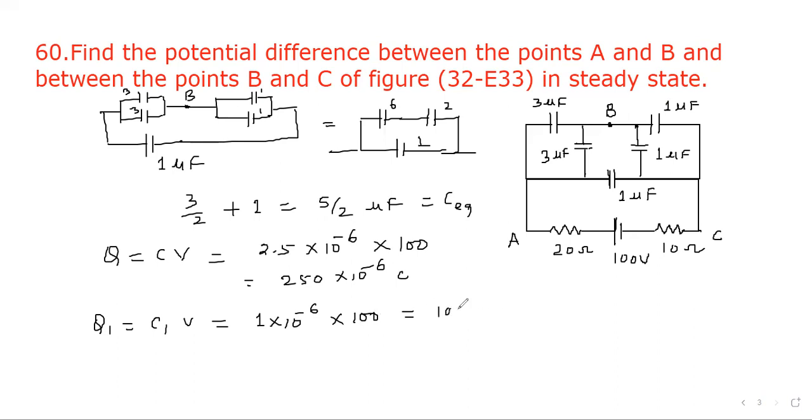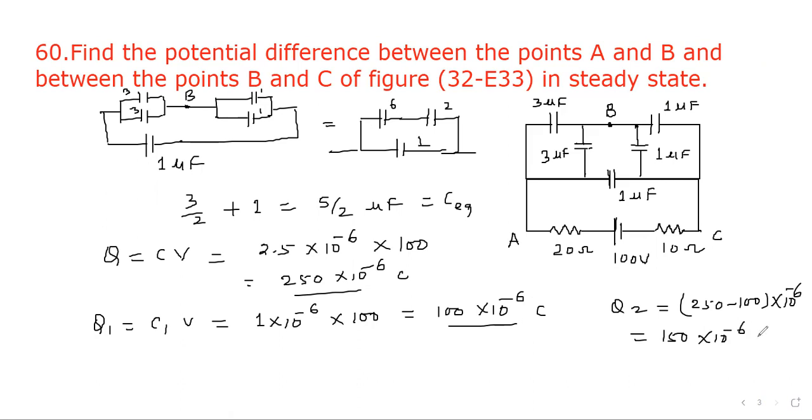So this will be 100 into 10 to the power minus 6 coulomb. Now the remaining charge: total charge is 250 into 10 power minus 6 coulomb, and the charge on the 1 microfarad is 100 into 10 power minus 6 coulomb. So Q2, that is the remaining charge, will be equal to 250 minus 100 into 10 to the power minus 6 coulomb. That will be for this capacitance and this capacitance. So this will be 150 into 10 to the power minus 6 coulomb.